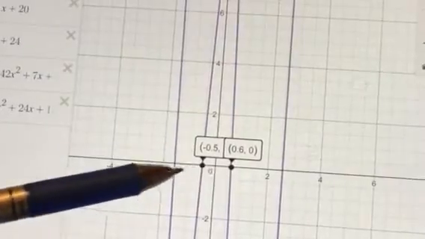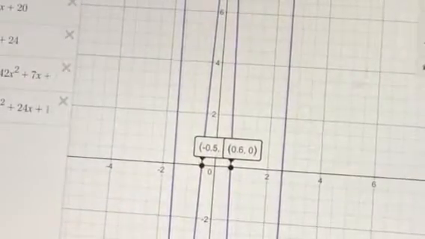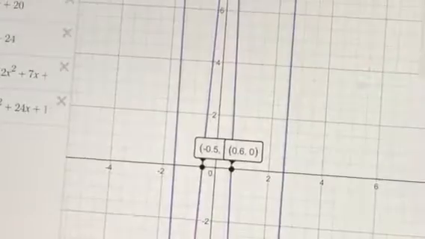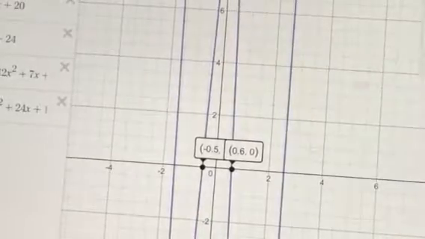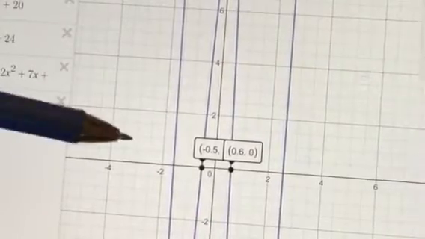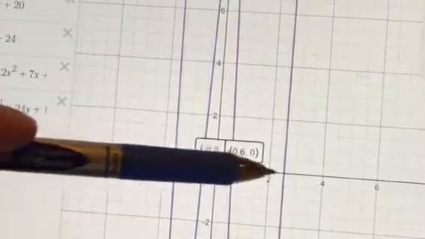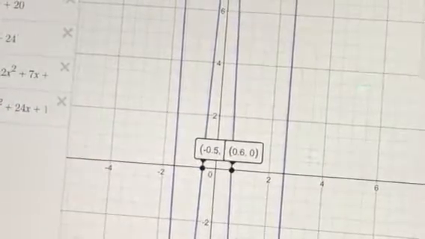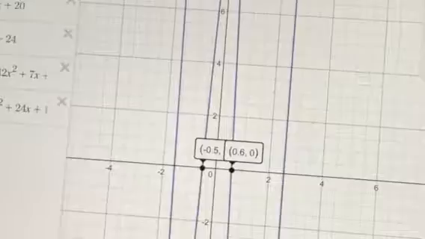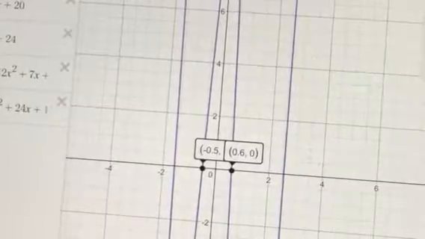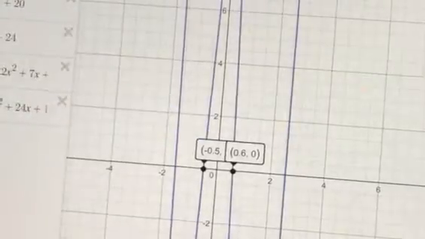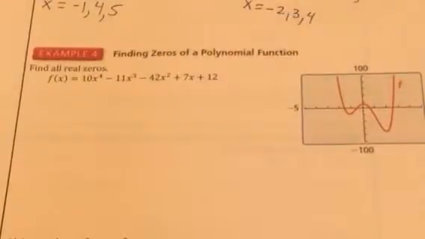But at any rate, these two had crossing points that were at least at rational numbers. Now, I'll tell you that I investigated the other two and found that they were not rational. In other words, not a fraction, not an easy fraction. But these two are easy fractions, and let me show you what we can do with that.